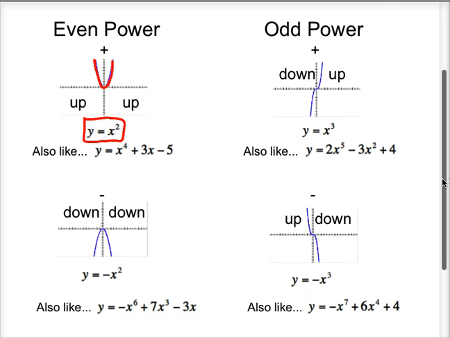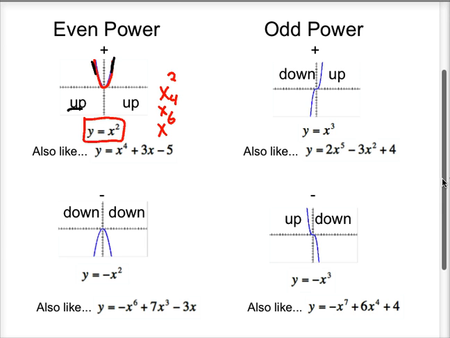So for every even powered function, so x squared, x to the 4, x to the 6, the ends will actually all act exactly the same. The in-betweens are obviously going to be doing their own things, but the ends are going to act in the same way. Notice it's going up and up.